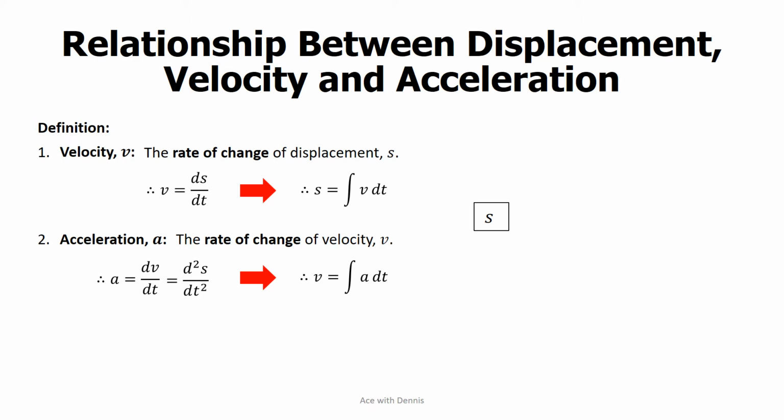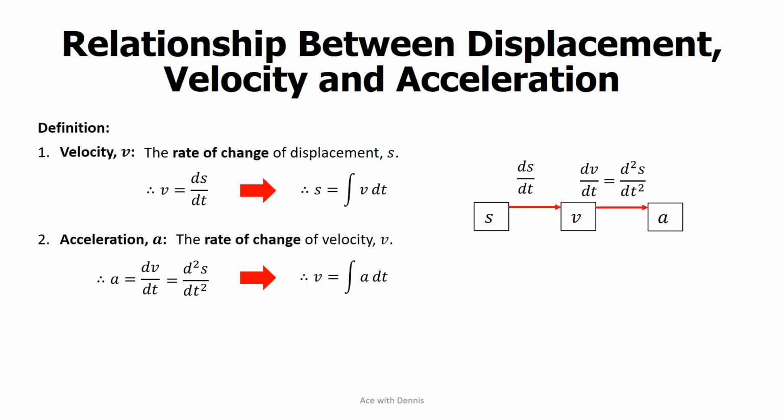So here we can find the relationship between s, v, and a. If I have the equation of s, I can just differentiate it in terms of dt, which gets the equation of the velocity. Similarly, if we differentiate the equation of velocity, or d square s over dt square, we can get the equation of the acceleration a.